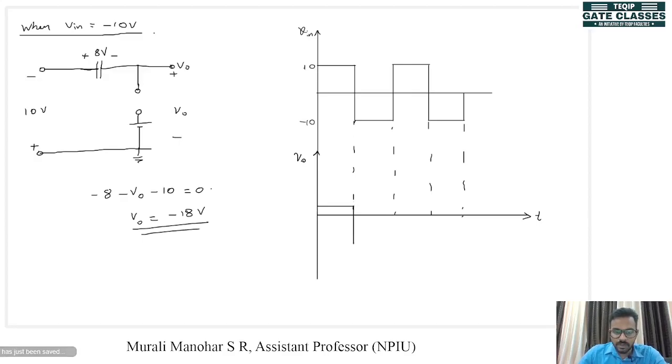When V in equal to minus 10 volt, V out is equal to minus 18 volt.